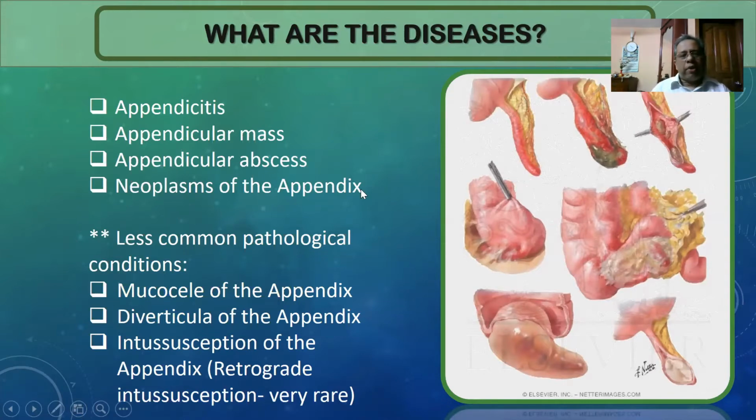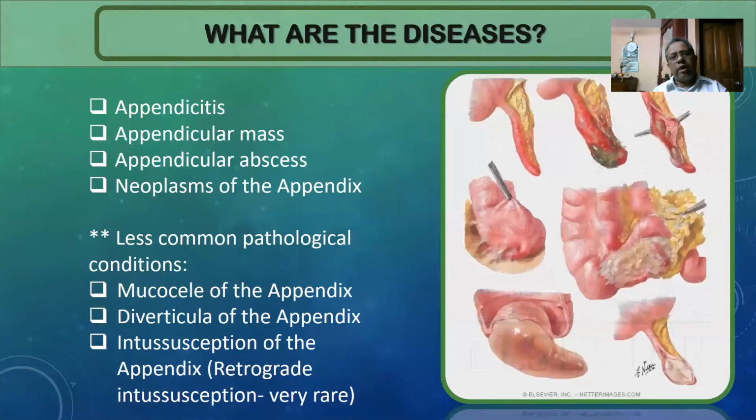And less common pathological conditions are mucocele of the appendix, diverticula of the appendix, and intussusception of the appendix, which is retrograde. It is a very rare example of intussusception. Retrograde is appendicocecal intussusception.